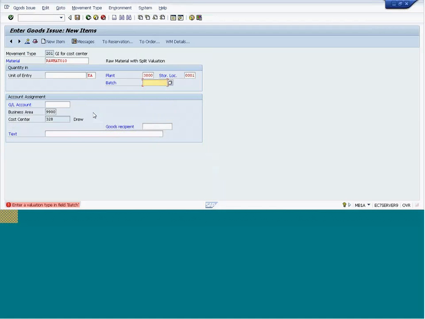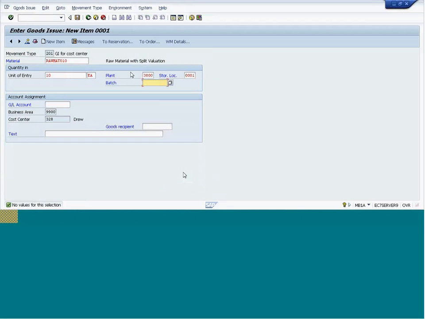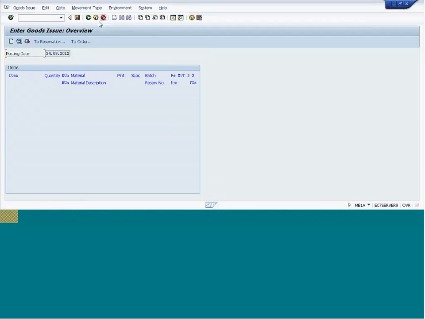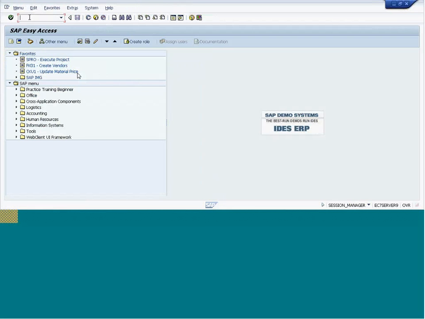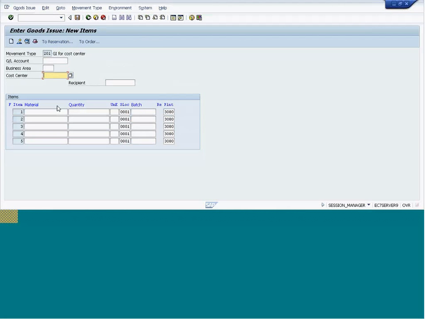So let's say 10 quantity, and it's asking which one that is. Just one second, let me go here. So 201, and that is the material here, the material, 10 quantity.